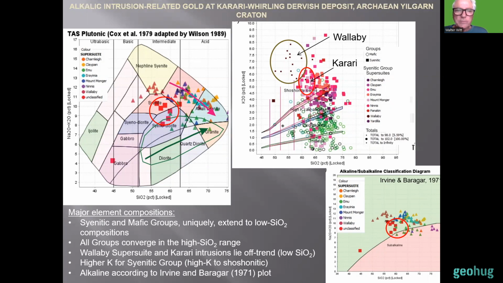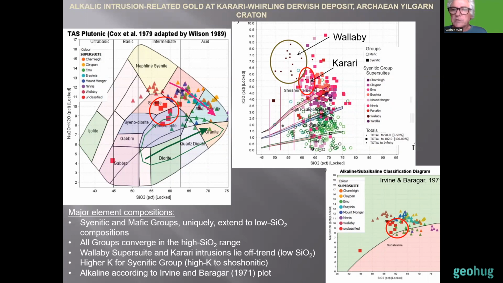Striking on this diagram is the fact that the Karari samples and the Wally supersweet samples, both associated with gold mineralisation, plot off trend at lower silica contents. Similarly, on the potassium versus silica diagram, the Wally and Karari samples are amongst the most potassic of all cyanitic group and mafic group samples.